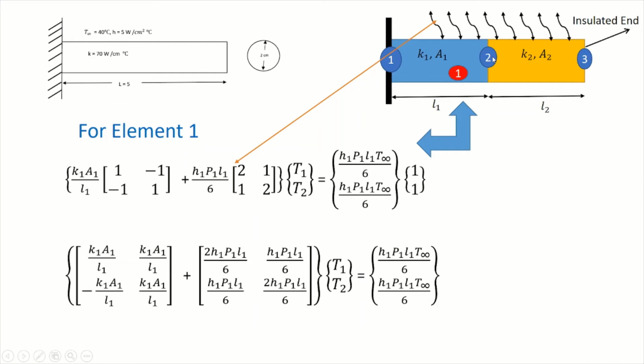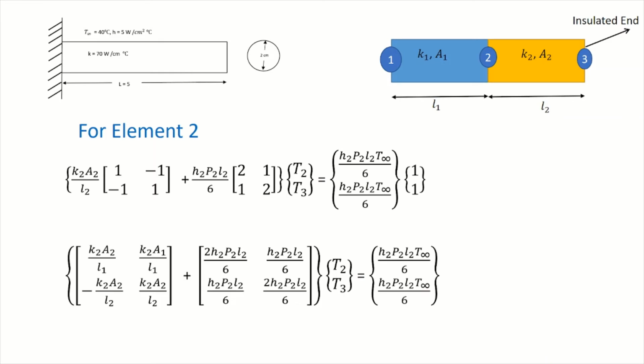Got it? For example, India is there and Pakistan is there. You cannot go to their border. In the same way, node 2 is a border between India and Pakistan. So that is a bone of contention, which is a problem these nodes create, and students get confused. Got it? So you have to consider this. Okay. So we have done it successfully for element 1. Now we will go for element 2.